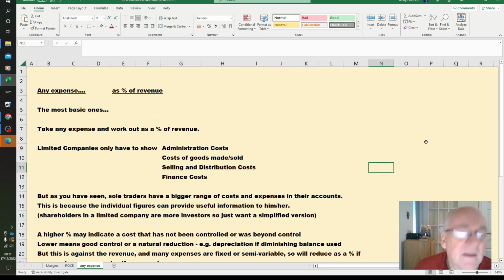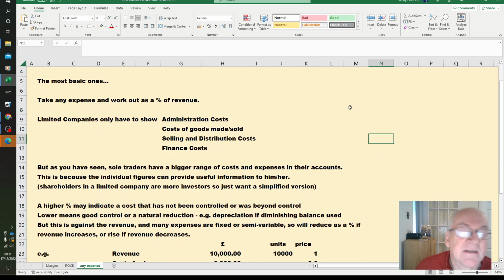So the last one, mathematically, is the nice simple one. The reasoning, the possibilities are wider though in terms of business accounts. It's any expense figure as a percentage of revenue. Of course, limited companies only have to have 4 costs in their accounts.